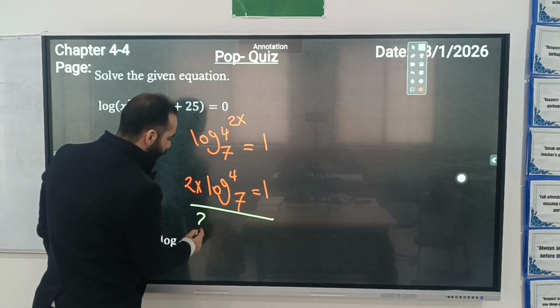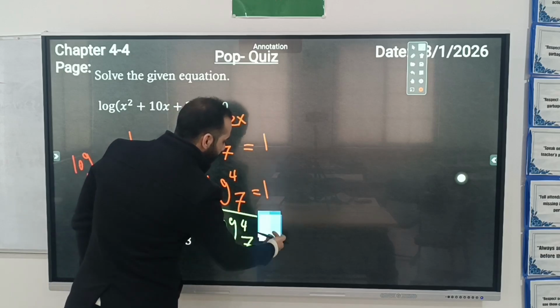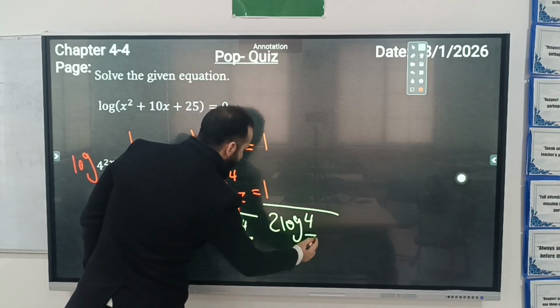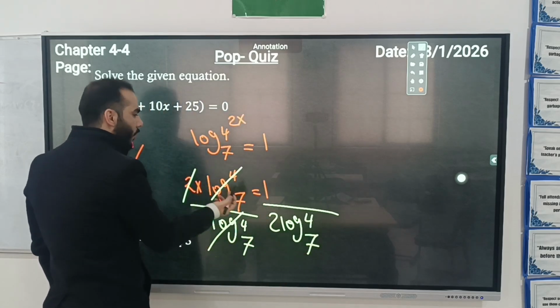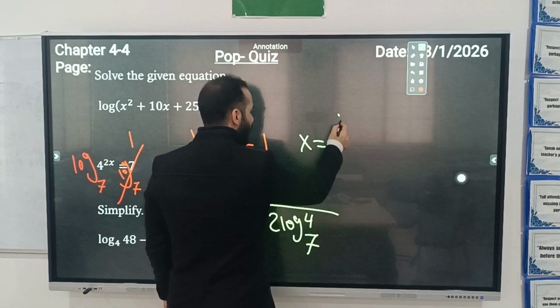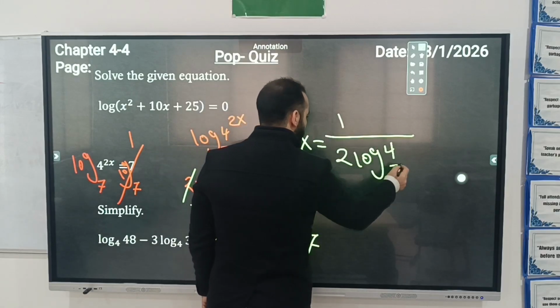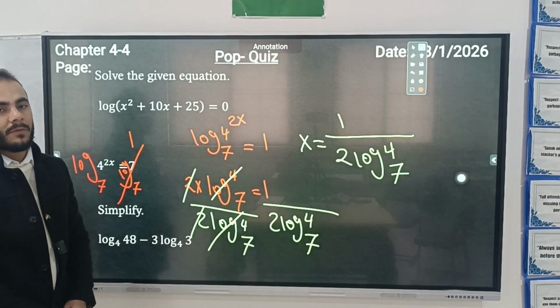Divide the other side by 2 log base 7 of 4. This is going to kill this one, only x will remain. So x equals 1 over 2 log base 7 of 4. This is the answer of this equation.